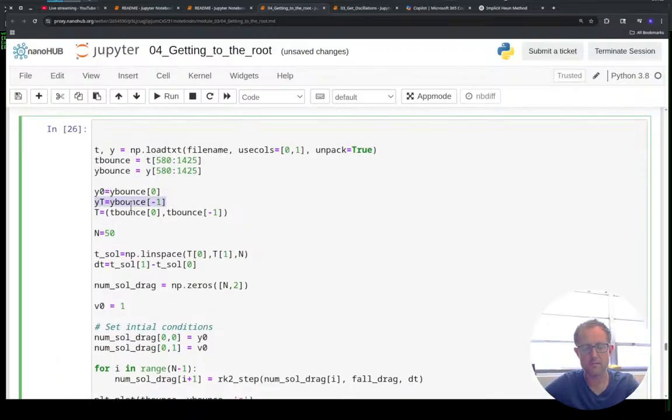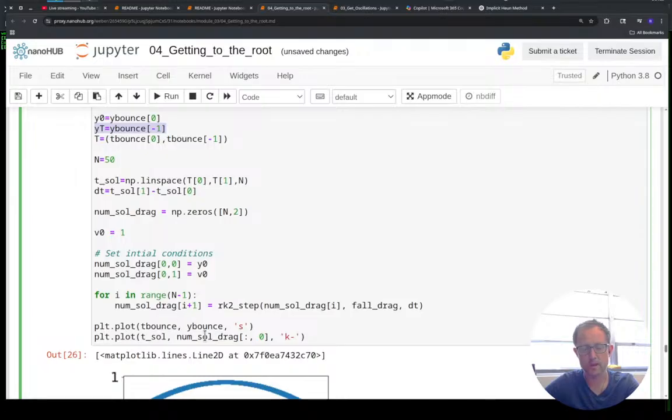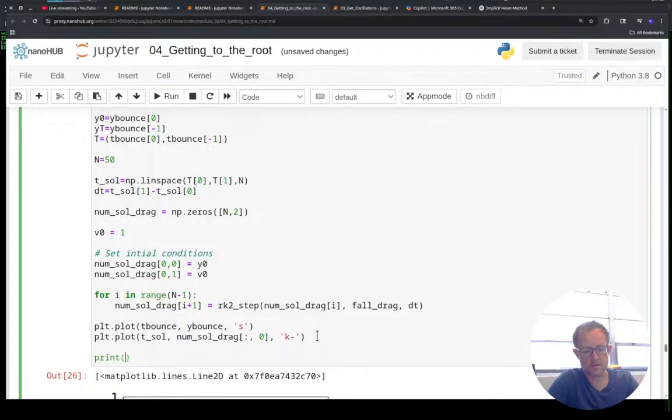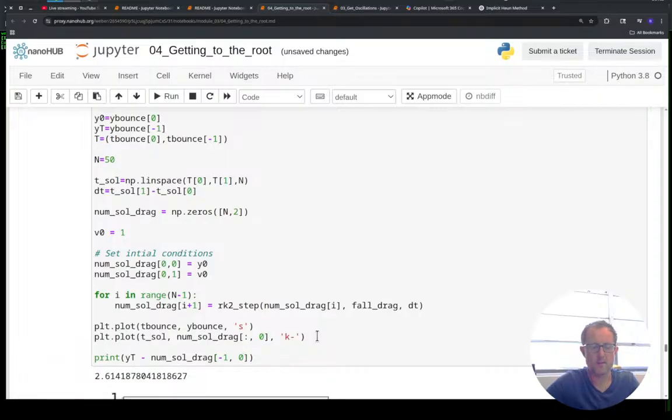If this YT bounce is equal to that last numSol drag, so print YT, print YT minus numSol drag at -1 and 0.